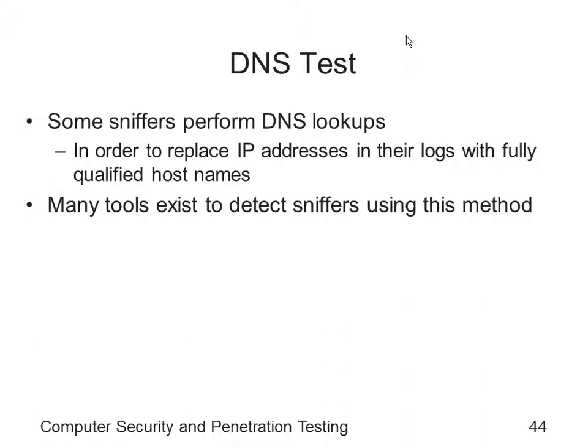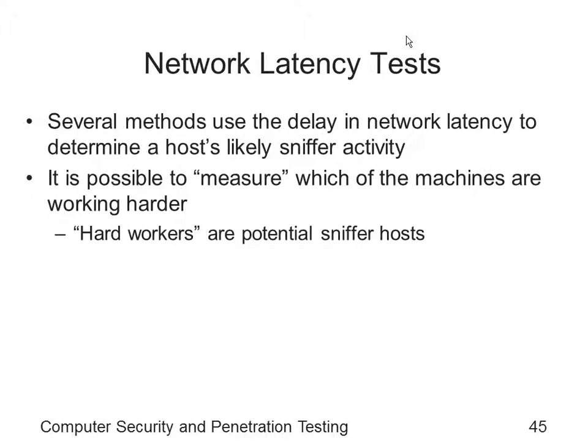It automatically did DNS lookups based on IP addresses. We saw all those source and destination IP addresses. Some of these tools will automatically look those up for you and tell you this came from Dell, this came from wherever. So if they see an excessive amount of DNS lookups, that could mean you might have a sniffer running. So that's one way.